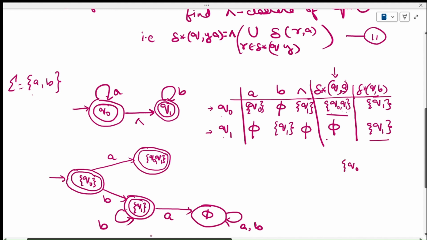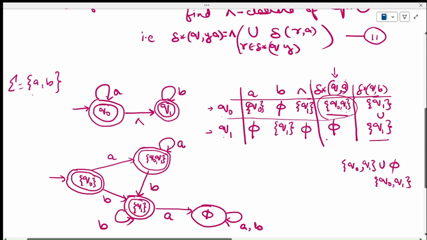The row for Q naught has the value Q naught Q1, union with the value for row Q1, which is phi. So I'll get Q naught Q1. So Q naught Q1 on reading A is going to the state Q naught Q1. Similarly, perform the union of these two rows for B. Q naught Q1 on reading B is going to Q1.